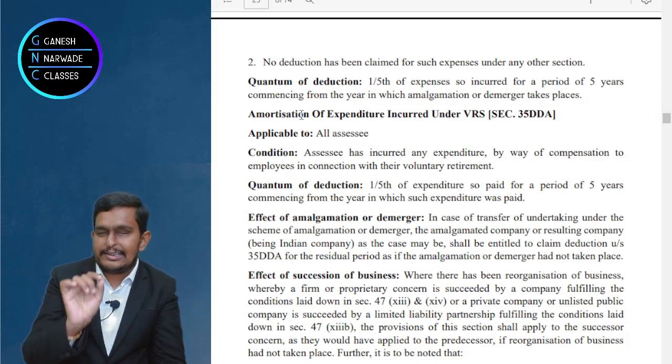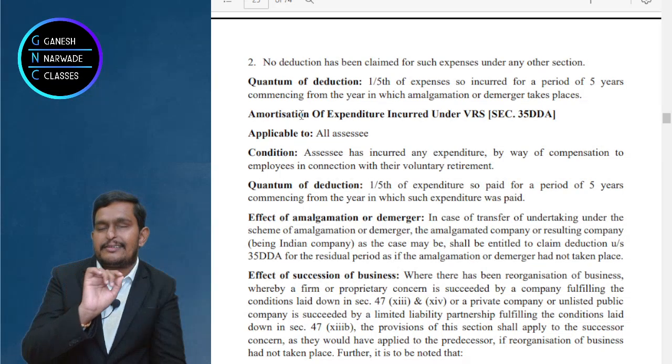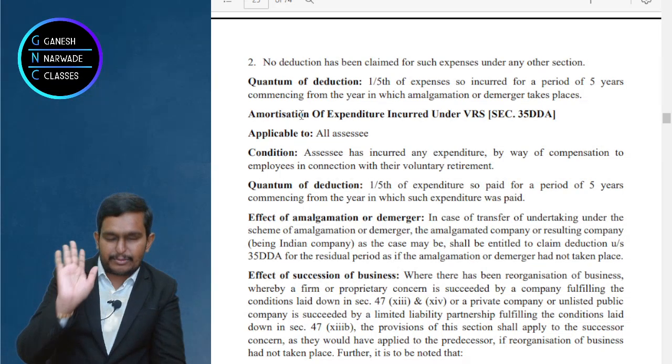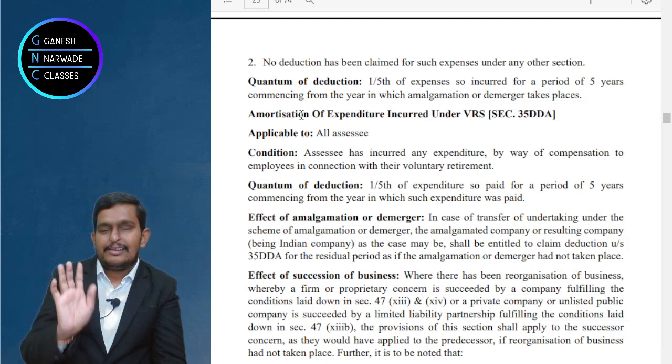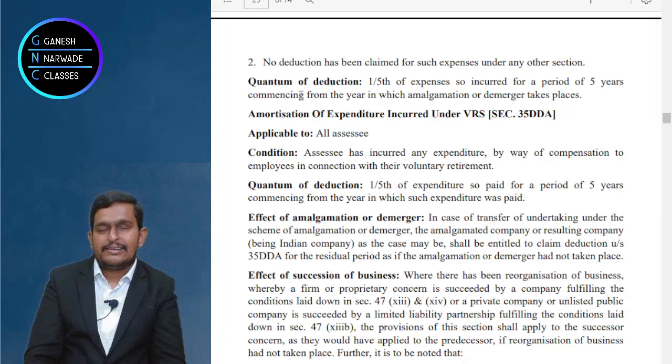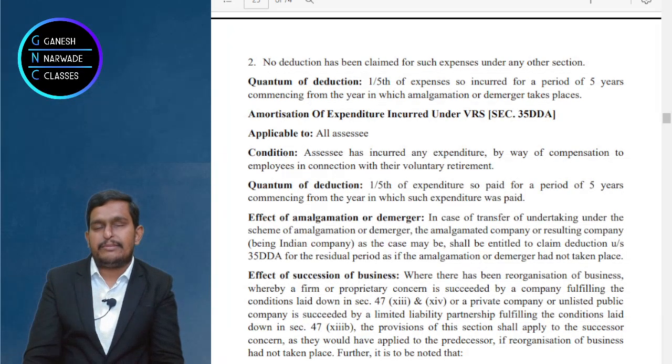So you are getting deduction under this section 35 DDA. You cannot claim deduction under any other section. Clear? Here also deduction is given in 5 equal installments. Deduction is given in how many installments, Baba? Only 5 installments. Right? So expenditure divided by 5. Every year that amount you claim deduction.